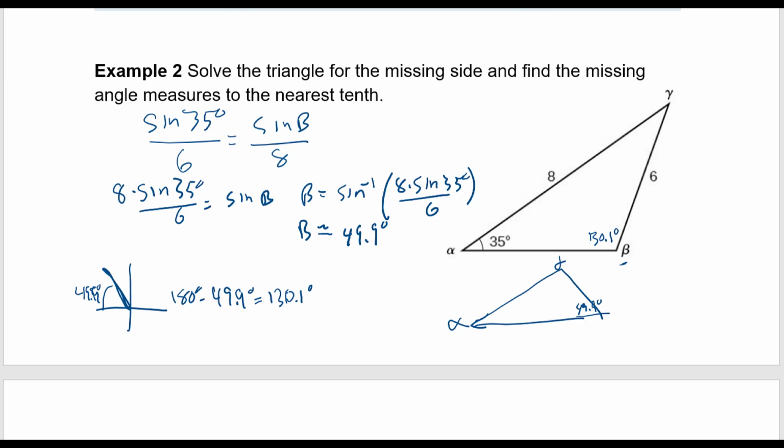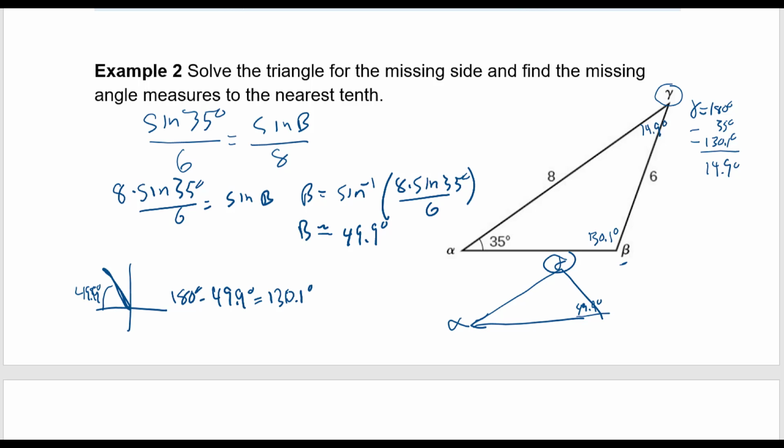And that gives us two different possibilities for our gamma. So in this triangle, our gamma is going to be 180 minus 35 degrees minus 130.1 degrees. And that's going to give us 14.9 degrees.